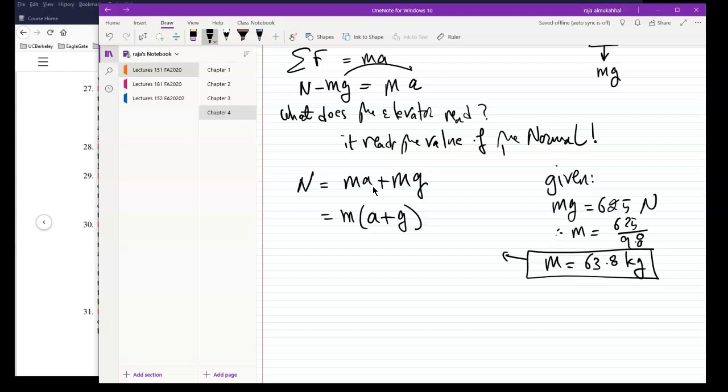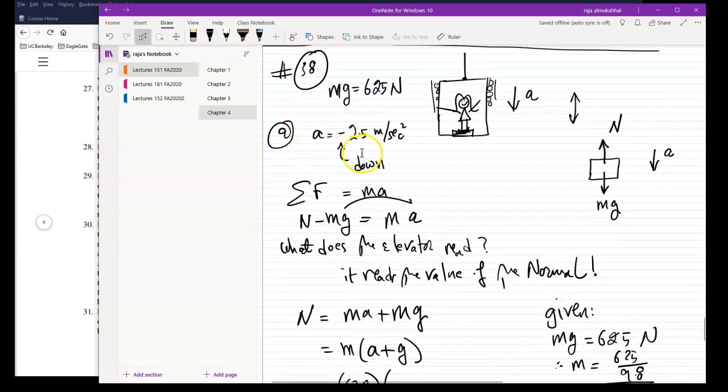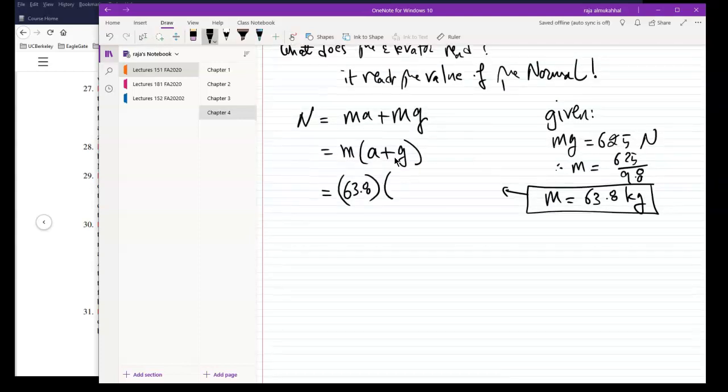Now I go back to here. So therefore the normal is going to be 63.8 times the acceleration. What's the acceleration, guys? Don't forget that negative, because the negative means you're going down. If you're going up, you're going to put positive. So you're going to be subtracting it from 9.8, so that's negative 2.5 plus 9.8, and then we calculate that.